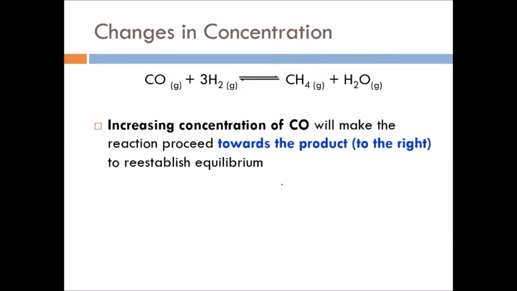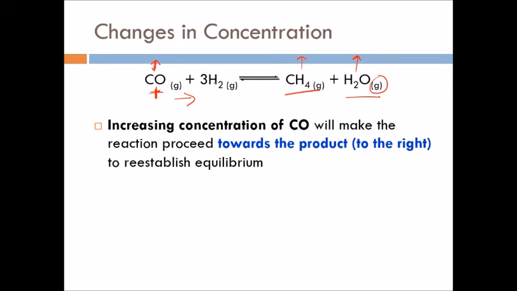Now, this particular one, increasing the concentration of CO, we know we're adding it here, it's going to shift to the right. We're going to produce more methane, more water. In this case, it's a gas, so we include it. What I want to point out is that when you add in CO, this one increases, and so do these two, because you're shifting to the right, they're initially going to increase in order to get back to equilibrium.